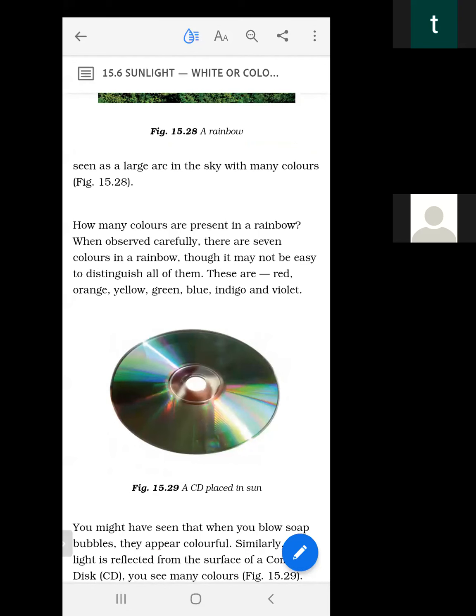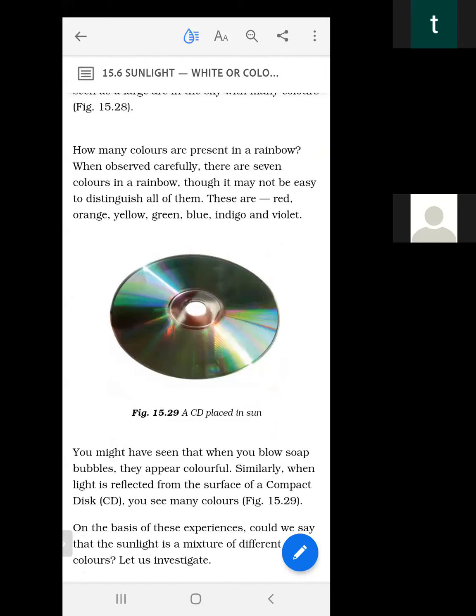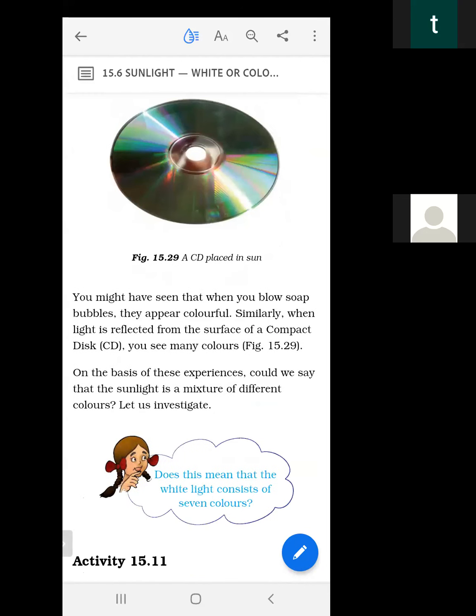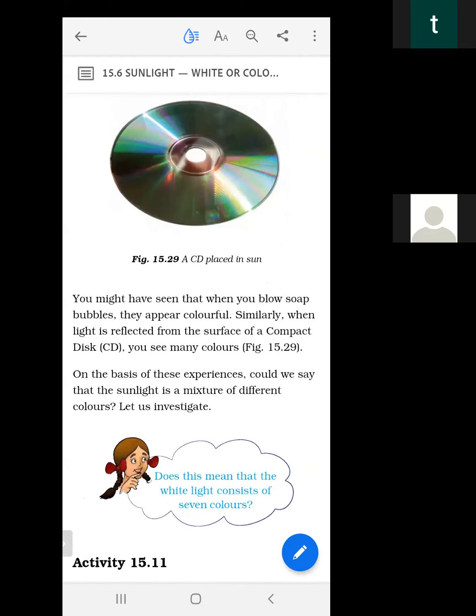But you can remember with the help of that alphabetical order, Vibgyor. A CD placed in the sun has some reflection of colors. You might have seen that when you blow soap bubbles, they appear colorful.